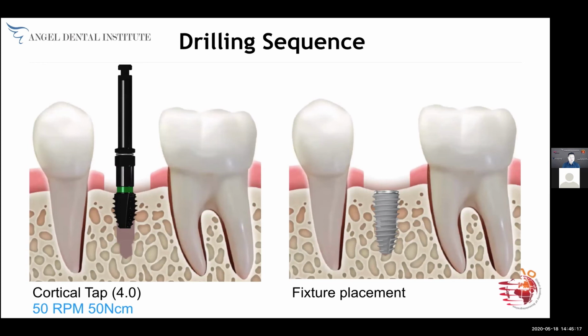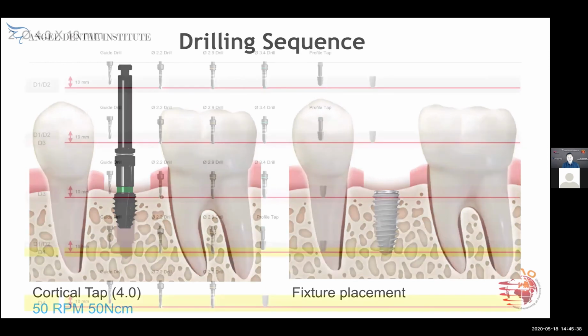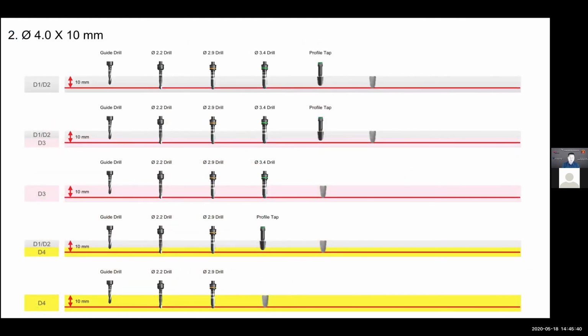In that case, you disengage the handpiece by pressing on the lever, and then you can put the connector on that and use a hand ratchet to reverse that out, okay? So that's if you have an error, okay? If you don't have an error, everything's going correct, after the cortical tap, you place the fixture and you're done, okay? And I put the fixture 0.5 to 1 millimeter deeper than the crest.